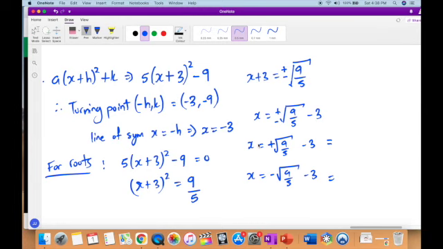Scotia, do you understand this? Yes, sir. Alright, nice. So the square root of 9 over 5 is really 3 over root 5.